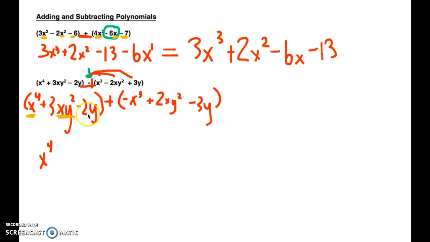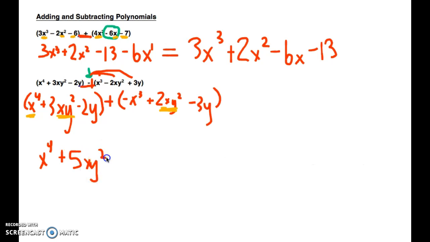So I'm going to look slowly. Do I have any other xy squared terms? Here I have one right here. So we're going to add these together. I have 3 apples and 2 apples gives me 5 apples. So 3 xy squareds plus 2 xy squareds gives me 5 xy squareds.